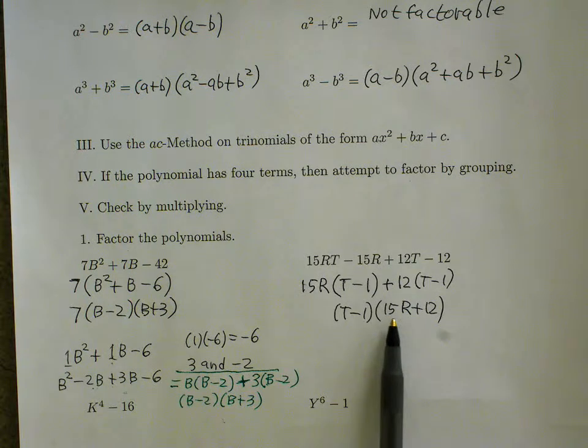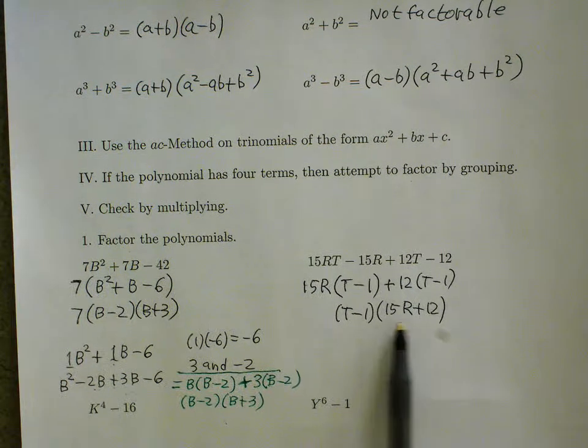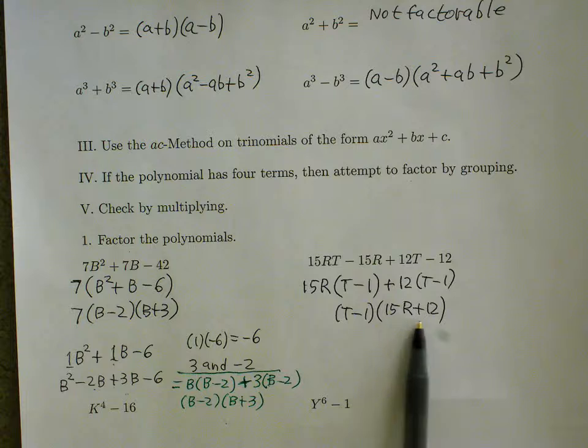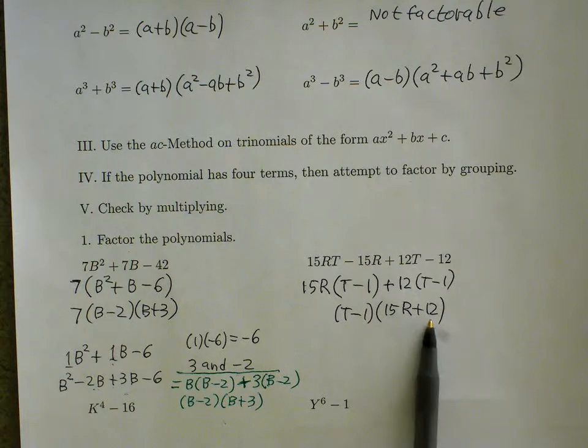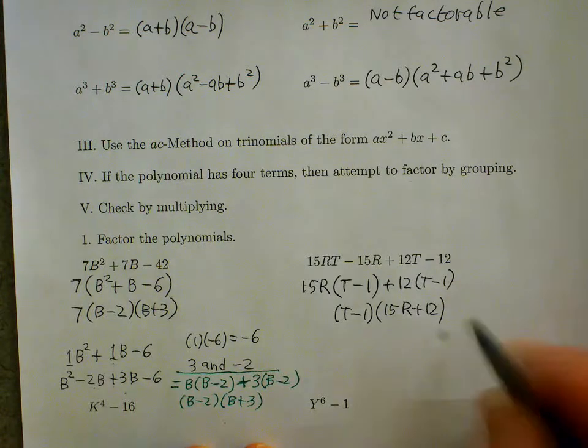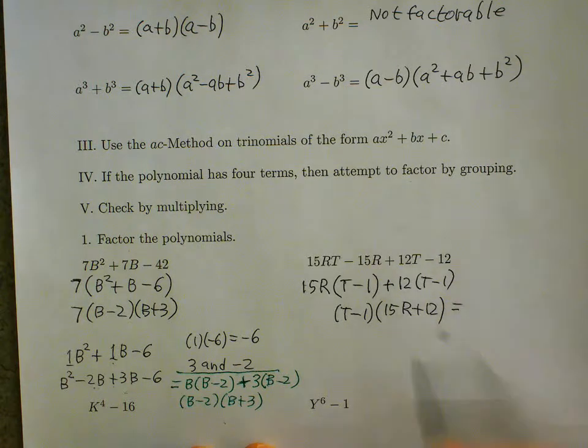When you look at 15r plus 12, what's the greatest common factor of 15r and 12? 3. So we could write this. It's more customary to write the numerical factors to the left.